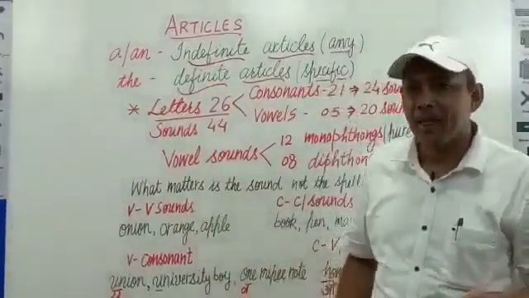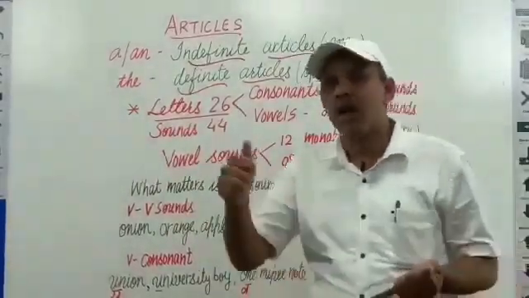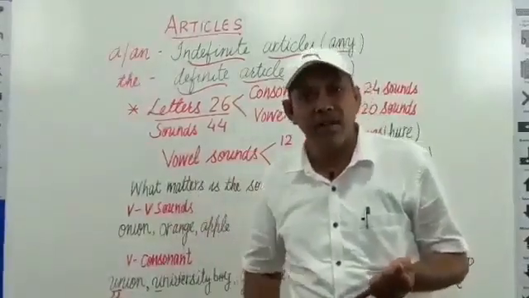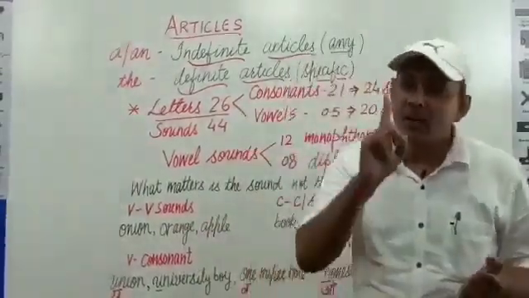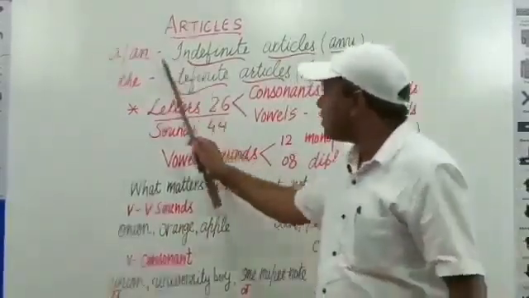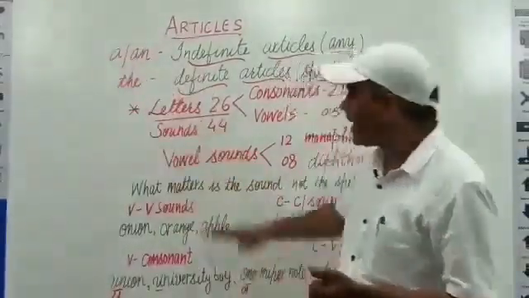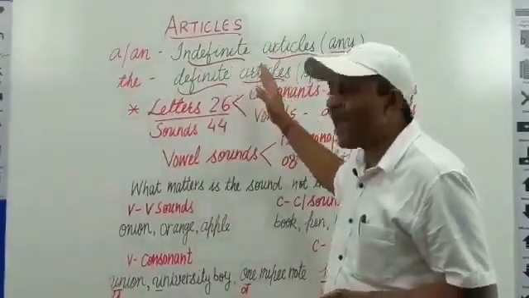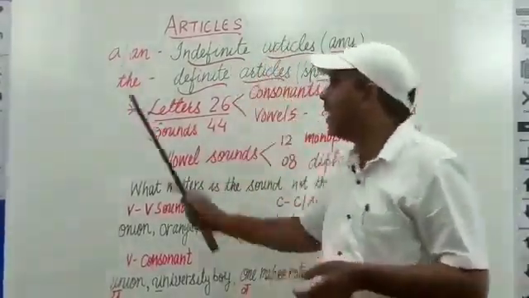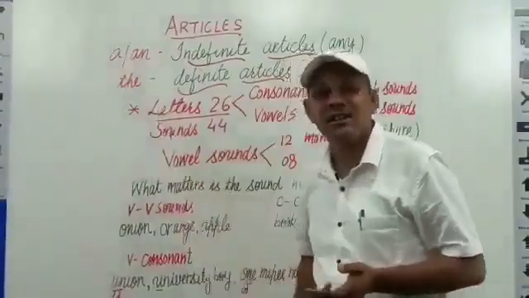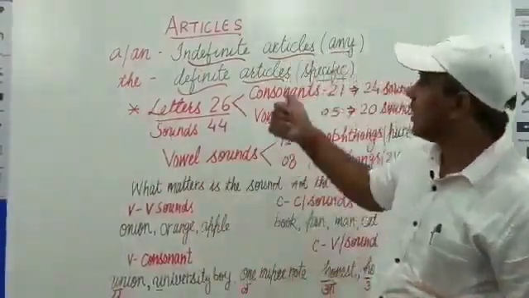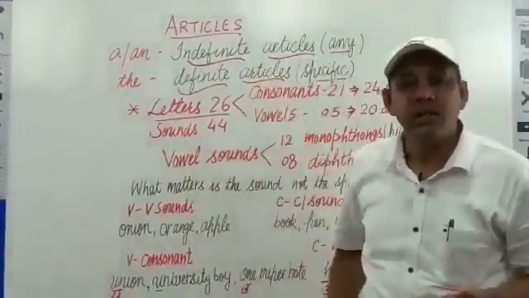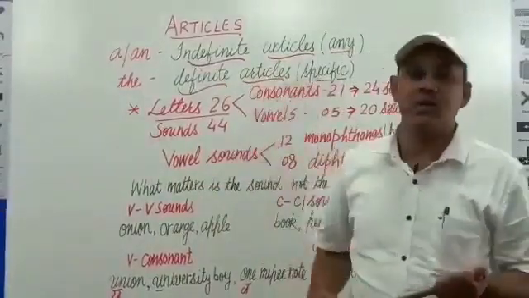For example, a boy, a girl, an ink pot, an apple means one. If there is a word in plural after a blank, you can't fill in a or an, because they refer to one. They refer to singular nouns.